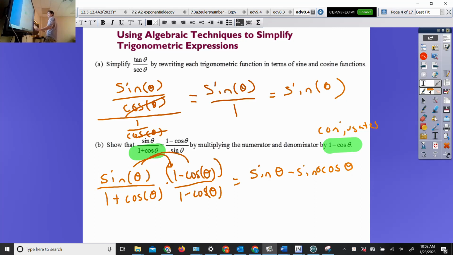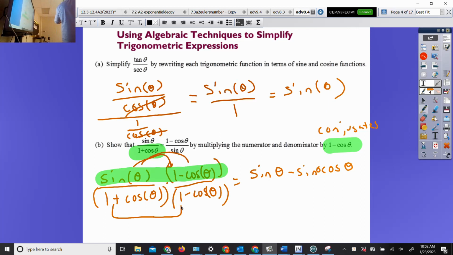Now, I'm going to highlight this piece right here just as it is because I may come back and want that instead. Sometimes you want the distributive result, sometimes you don't. So keep that in mind. What would you do in the denominator? 1 times 1, still 1. 1 times the negative cosine?